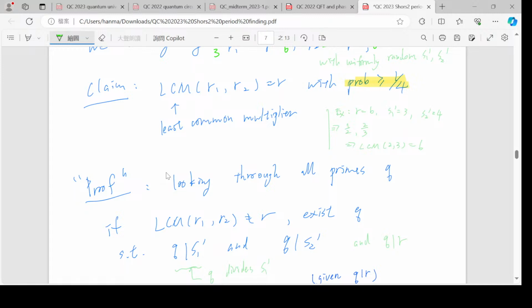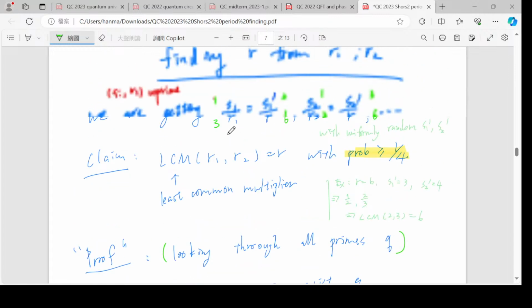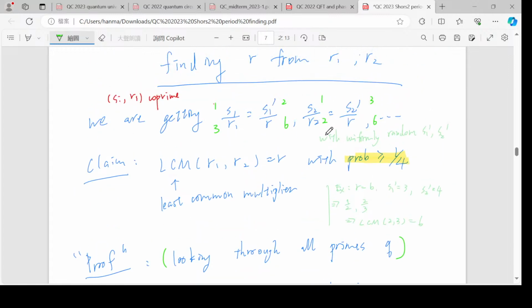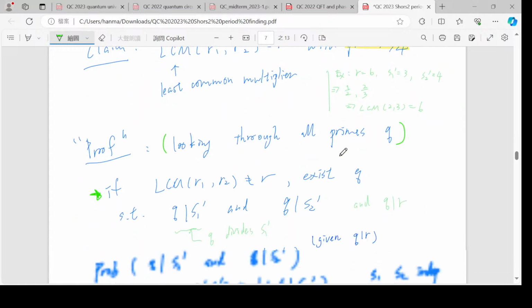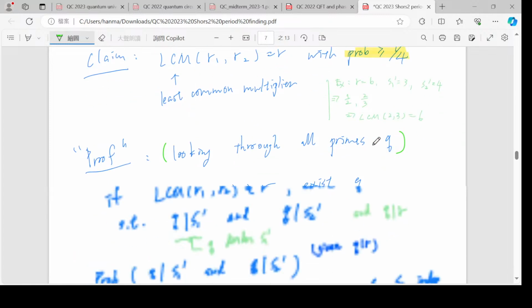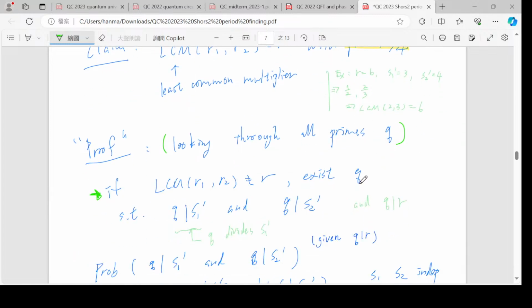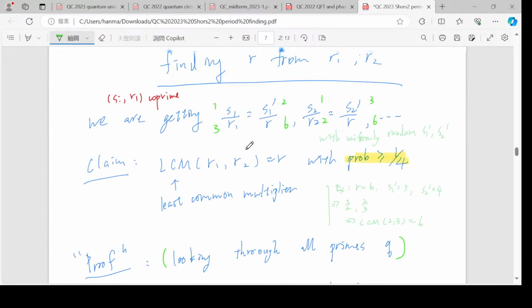Let's take a break on the first line, which is an important concept here. What are the bad R1 and R2 that don't give you back the good R? The bad R1 and R2 correspond to bad S1 and S2, so we are doing analysis on S1 prime and S2 prime.